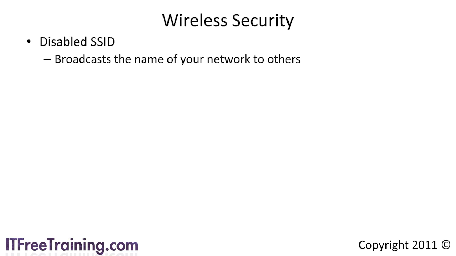If you have ever had a message appearing on your computer saying a wireless network has been detected by the name of, this is due to the wireless network broadcasting the SSID so that other computers can locate it. The reality is that disabling the SSID just stops people finding your network by accident. If someone attempts to hack into your wireless, disabling the SSID is unlikely to stop them.